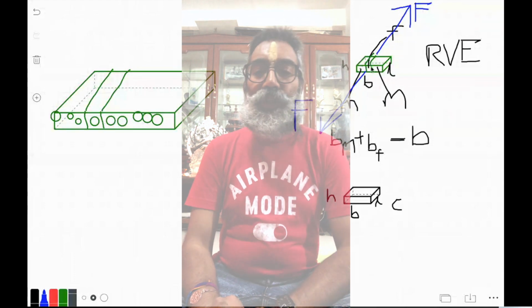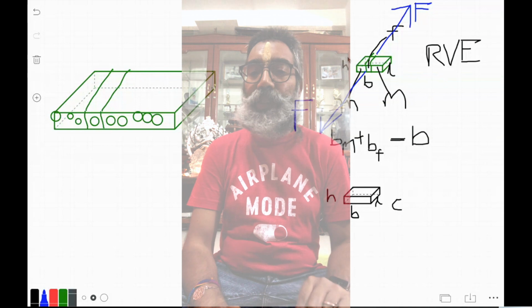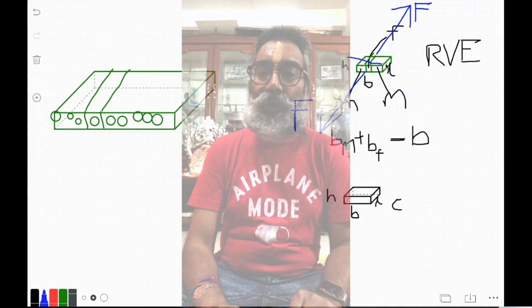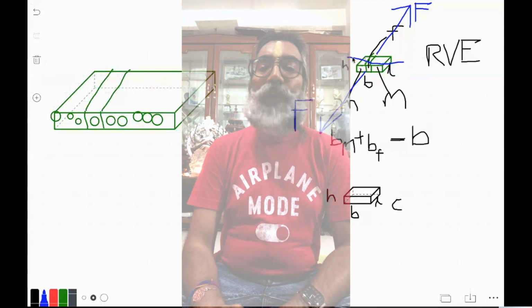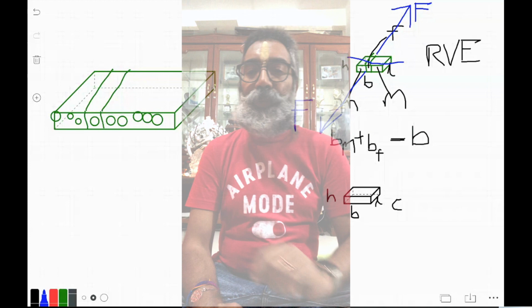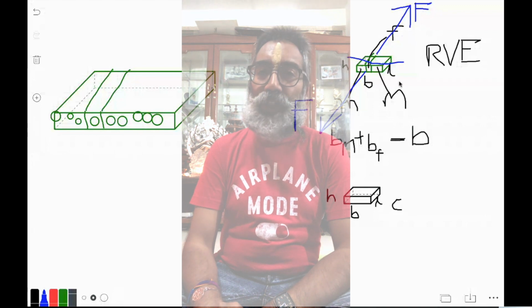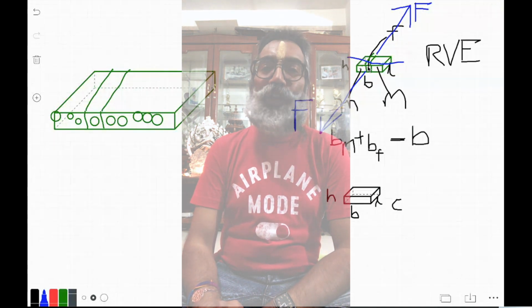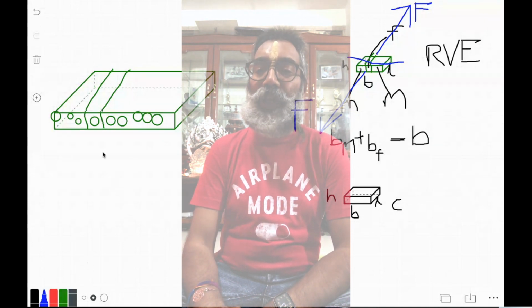Now it's easy to see that this force, somewhere in the interior, if you look at a cross section over here, far away from the boundaries, you're going to have St. Venant's principle coming into operation, and therefore we can think of the force being somewhat uniformly distributed within the fiber and uniformly distributed within the matrix, but the actual force carried by the fiber and the matrix could be different from each other.